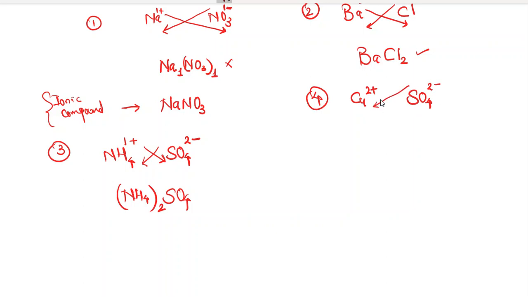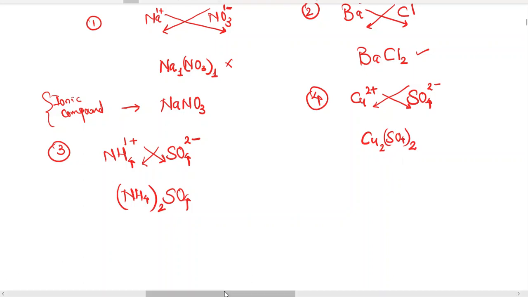So this 2 will go here in the bottom, this 2 will go here in the bottom. Now see, there is one very strange thing happening over here. Cu comes with a subscript 2 and SO4 also enclosed in the bracket and comes with a subscript 2. They both have a subscript 2.